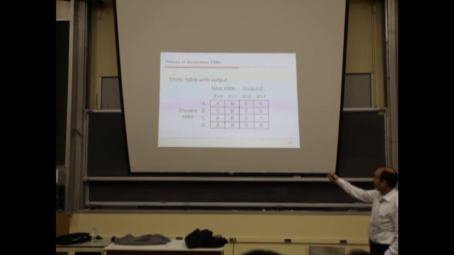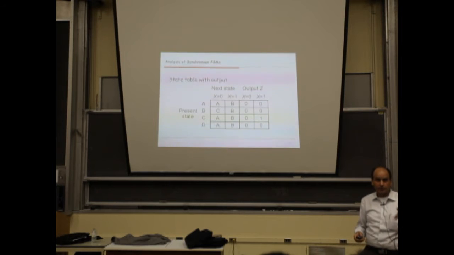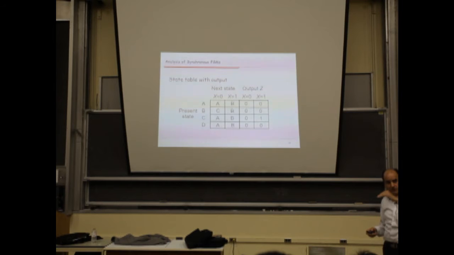So the state table with outputs, as you can see here, I might ask you in the exam to analyze the circuit down to the flow table, which means you cannot stop at big Y's and small Y's. You will have to take it to a state coding, which is give the state some names, and that's what we are doing here. So from A we go to A rather than from 0, 0 we go to 0, 0.